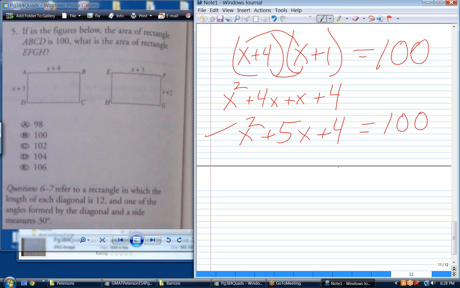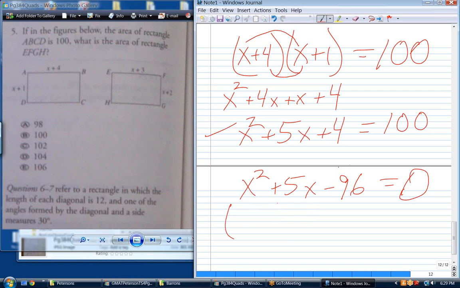But the way you solve quadratics is by putting everything on one side and 0 on the other. So for me to solve this, I have to do this. So it's minus 104. It's actually minus 96.